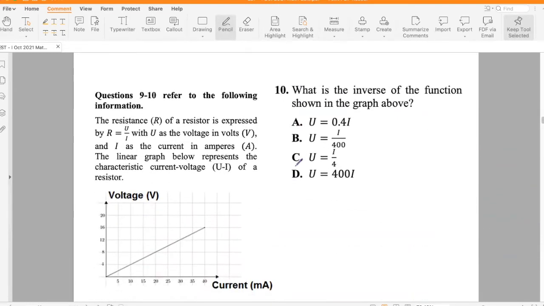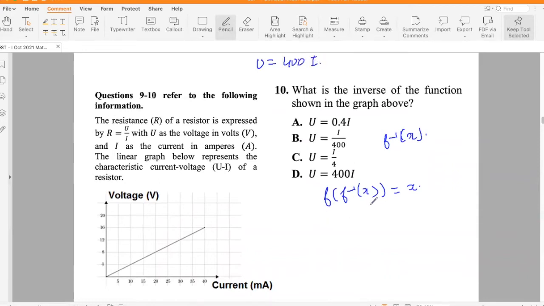What is the inverse of the function shown in the graph? Okay, so let's write the inverse function as f inverse x. So f of f inverse x should be x. So what was the function we got? We had gotten u is 400i.